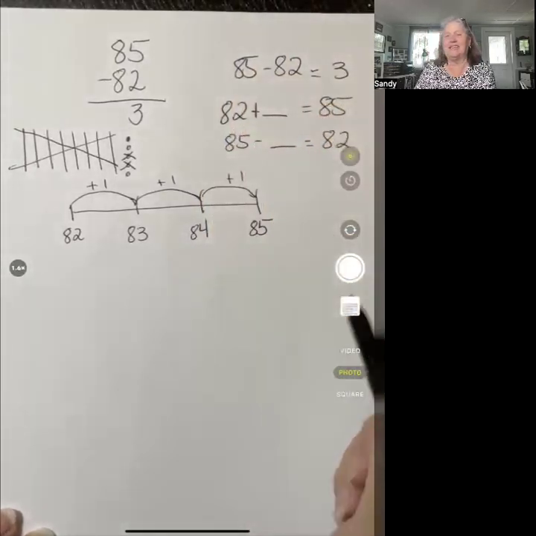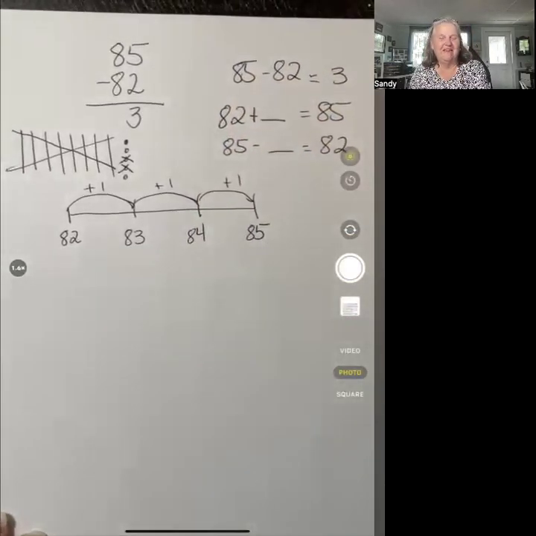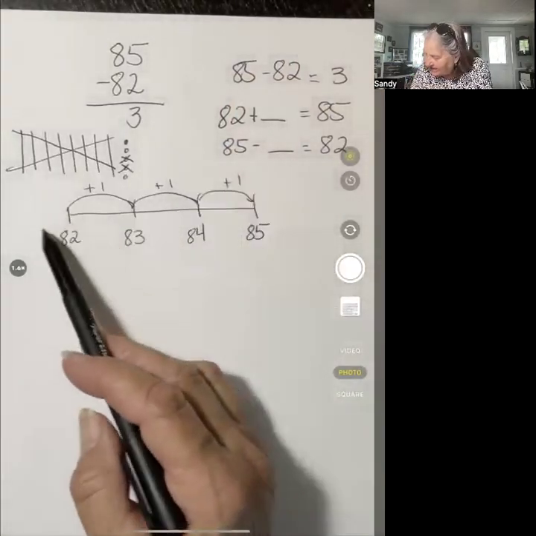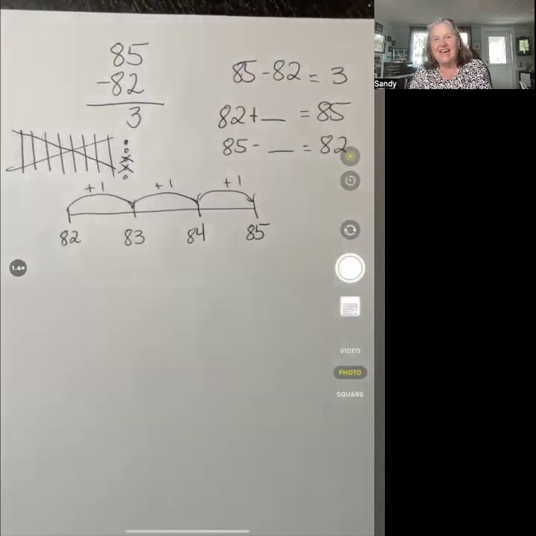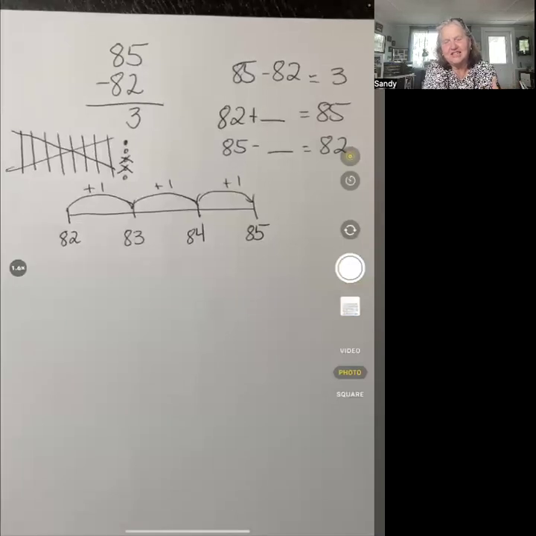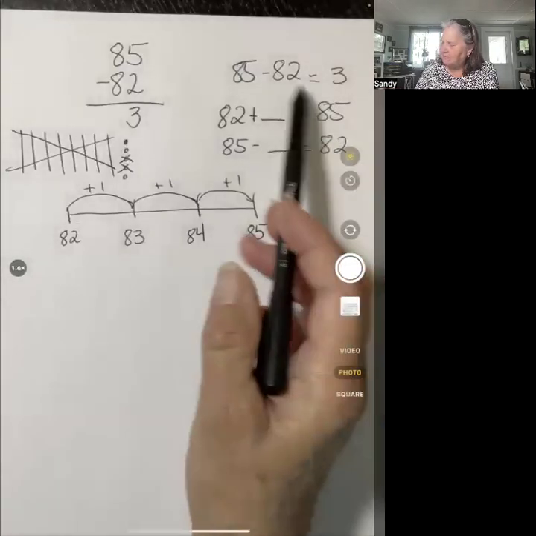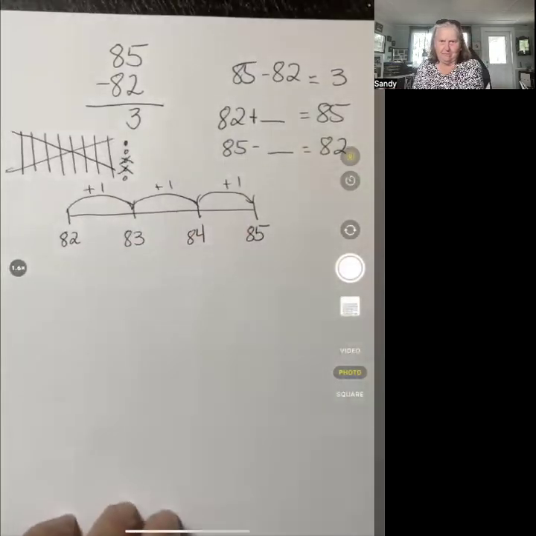See, there's some more flexibility for your children, understanding the way to work between. But the way I did this, I was coming up with the missing addend. How many more than 82 is 85? And that's an important little nuance to notice. When we subtract, we don't always go left. When we're looking at the distance between the numbers, I could go right. Okay? So just a couple of ways to handle that problem.